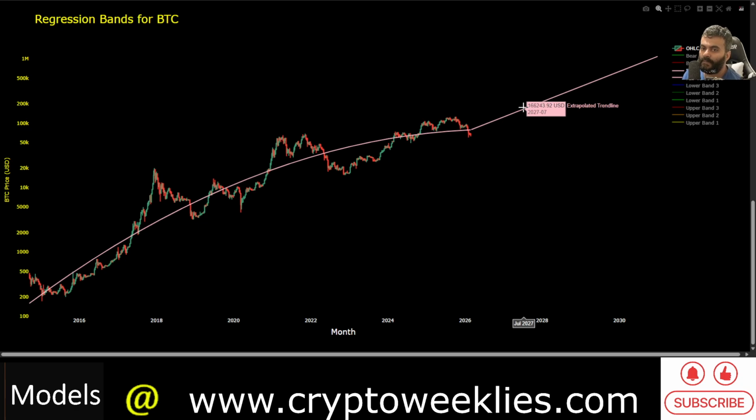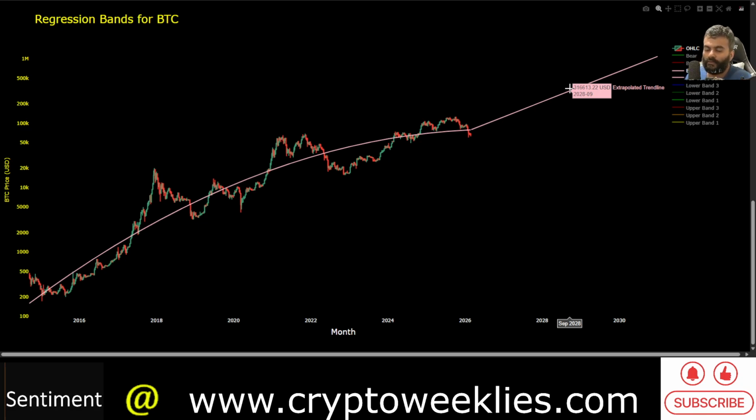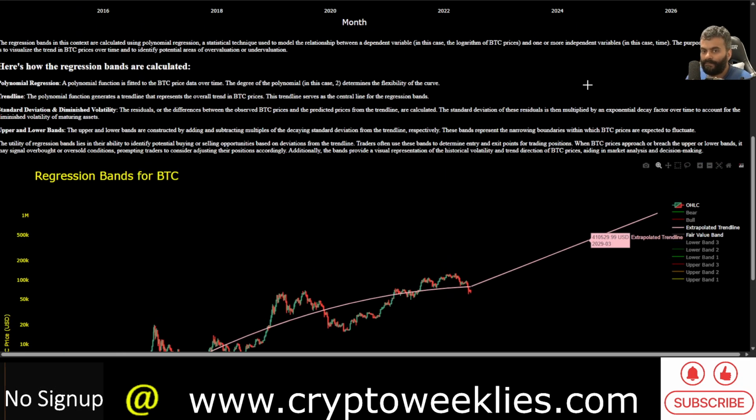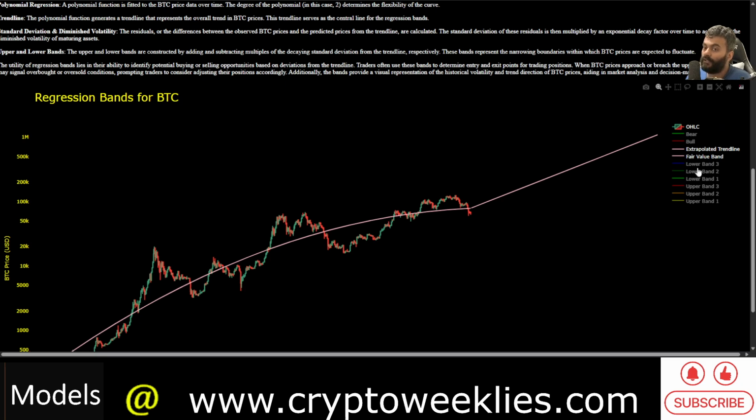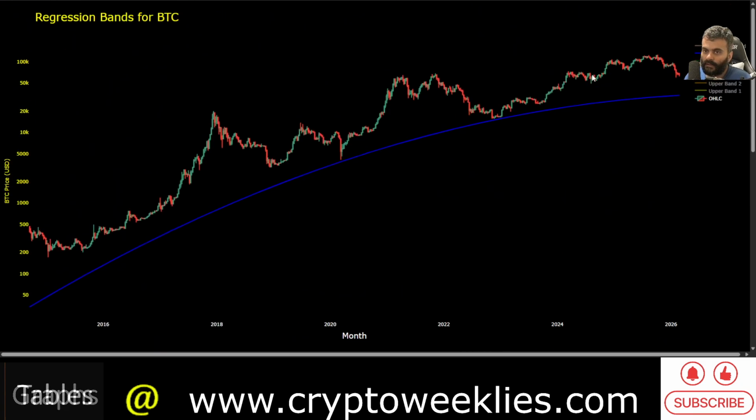This model says that in the worst case scenario, if there isn't any significant bullish bias in the market, if in the next bull run there is a non-euphoria peak for Bitcoin, and that peak corresponds to late 2028, early 2029, that peak for Bitcoin could be close to 400k. This extrapolation does not account for any diminishing return. That's very hard to account for in the extrapolation sense, because it's a non-linear model.